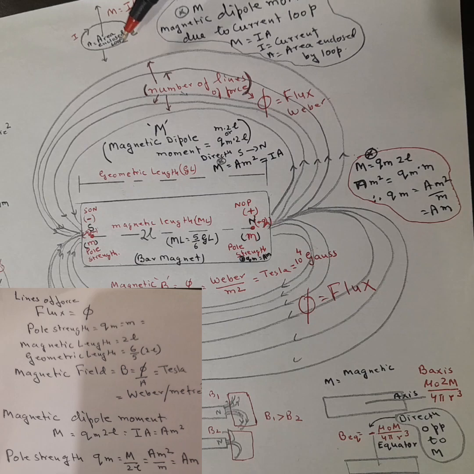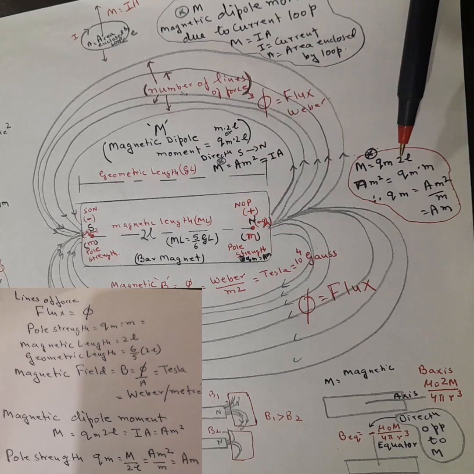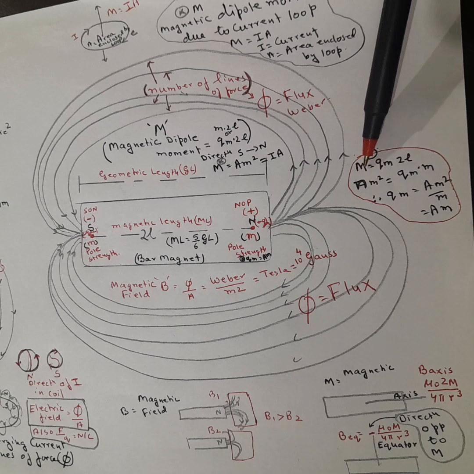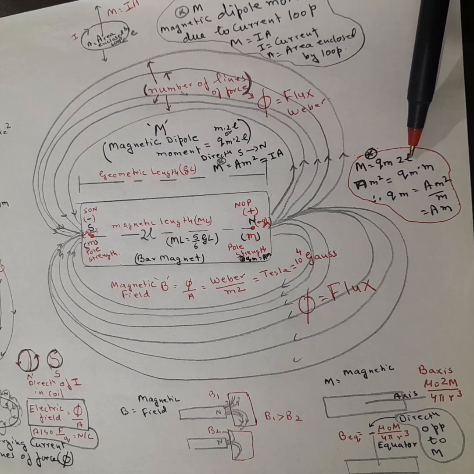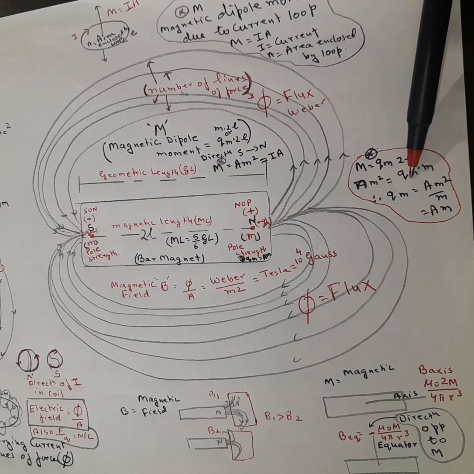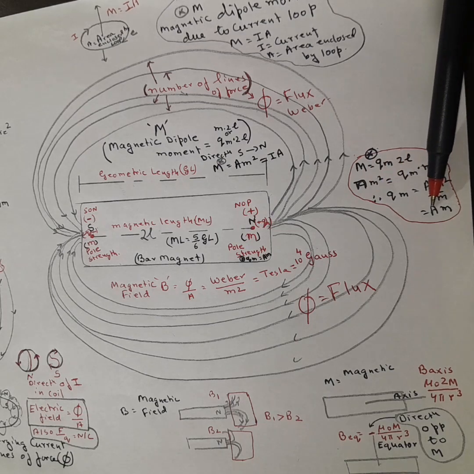And then we also saw unit of pole strength. Now m is equal to qm into 2L, where L was meter. This meter we took down over here to get unit for qm, so it became ampere meter. One meter gets cancelled and we got this.